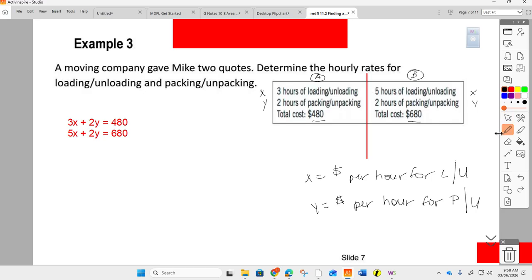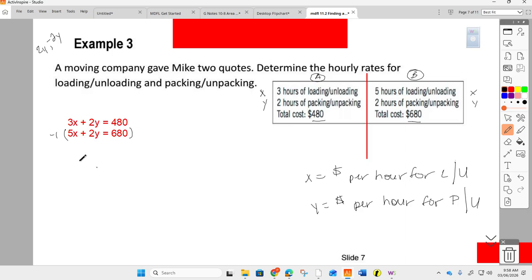So now we have a system of equations, and we can eliminate one of the variables and solve, just like the strategy we reviewed at the beginning. So to do that, I've got a positive 2y in both. If I can turn this one into a negative 2y, now I've got opposites, right? So I'm just going to multiply this whole equation by negative 1, and then I'll have opposites.